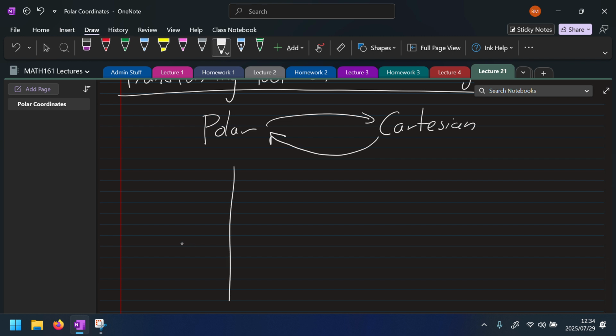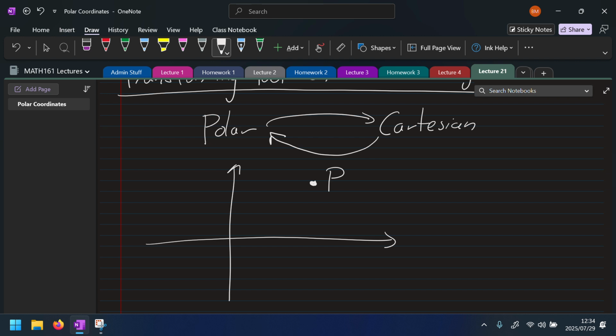So we're going to set up our Cartesian system. We know how that works: x-axis, y-axis, and we've got some point P. What we want to do is write down that label for P two different ways. We want to write it using Cartesian, then using polar, and we're going to see how we go between them.